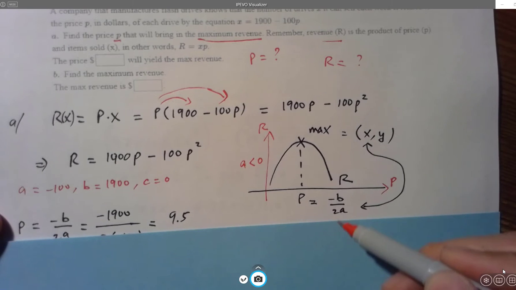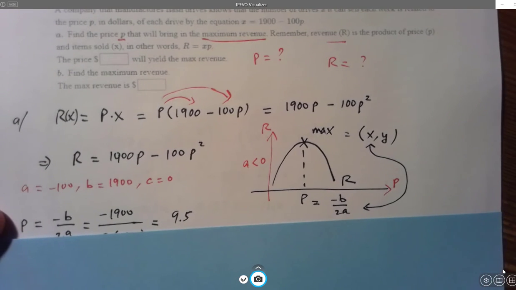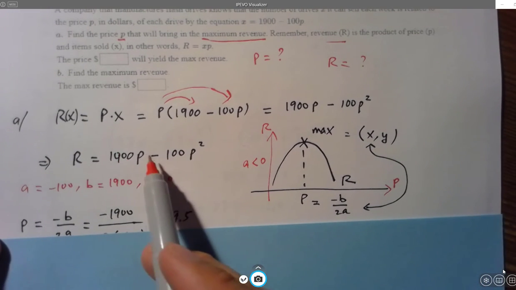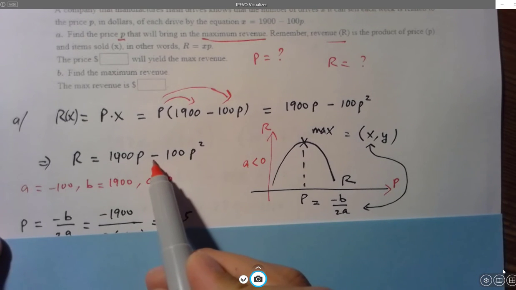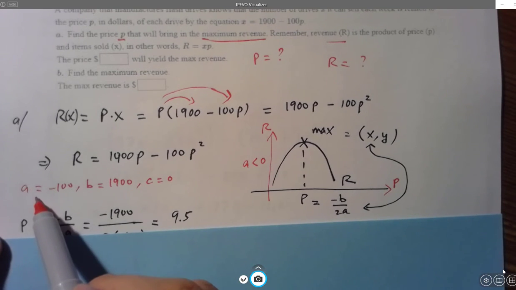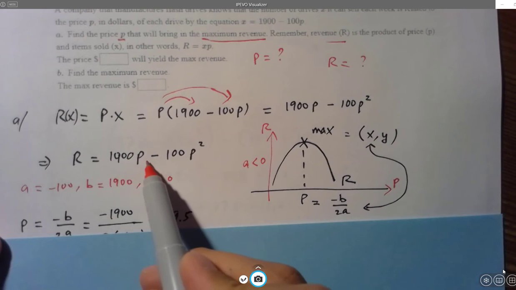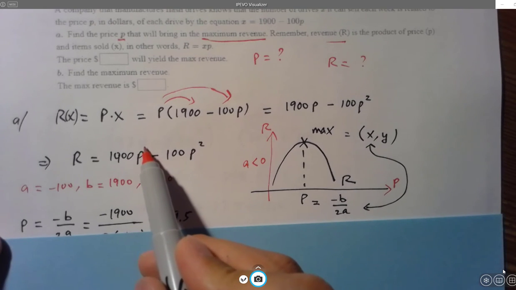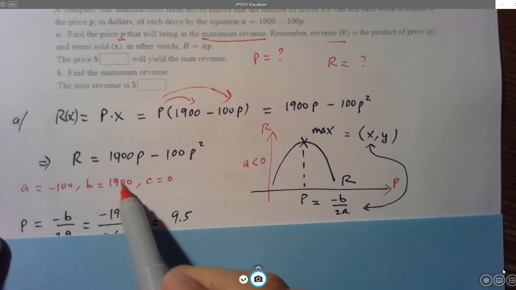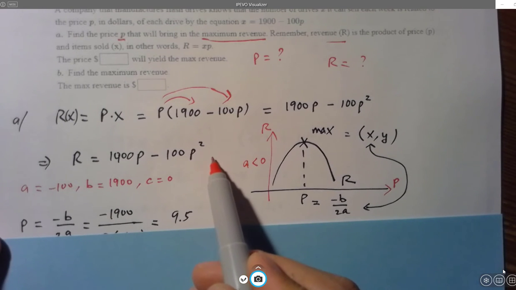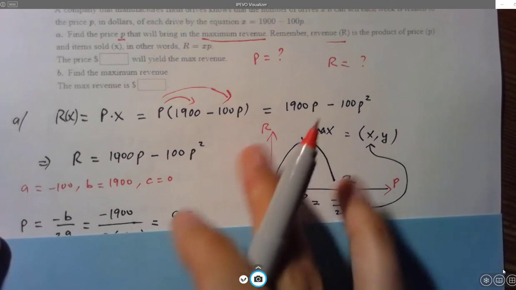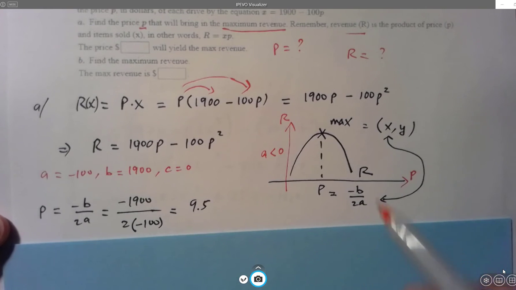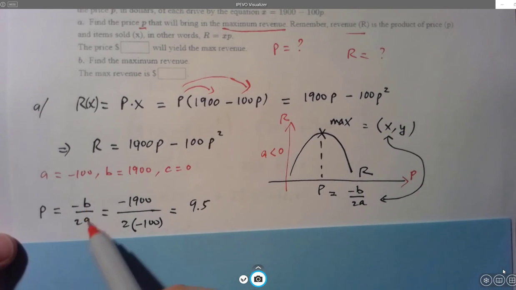Right? Okay, so from the revenue function R, we know that minus 100 is A. The number in front of the first degree term is 1900, so that is B. There's no number here for the constant, so C is 0. So the value of the x location, which is P, is given by minus B over 2A. You know that minus B, your B is this, over 2 times A, and your A is minus 100.